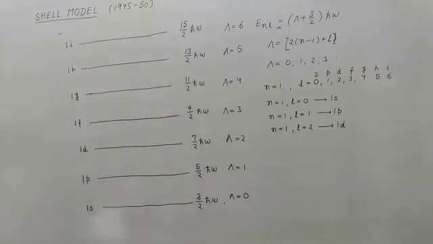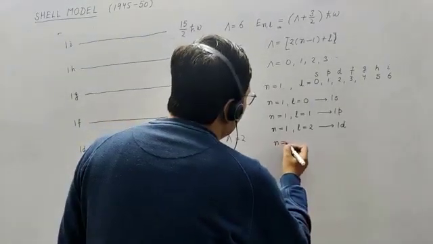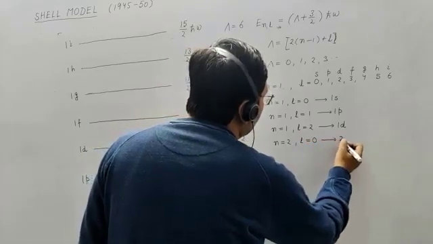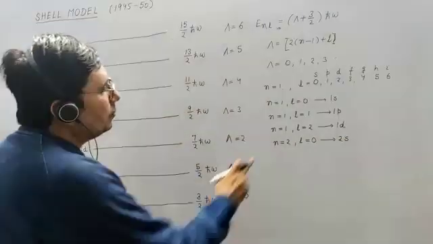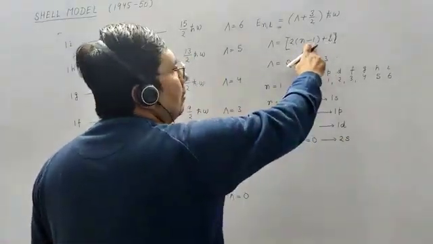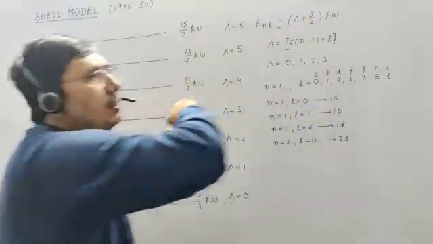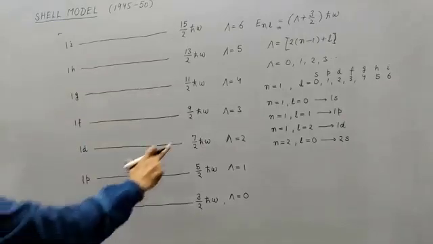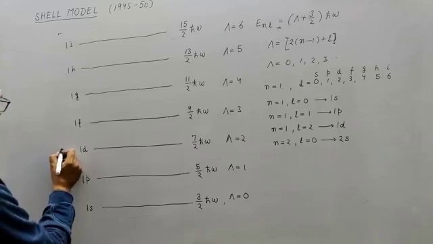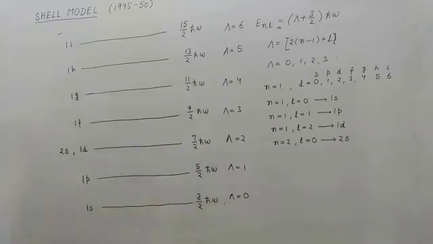Now come to n equal to 2, L equal to 0. This will be the 2s orbit. Substitute the values here: L is equal to 0, 2 minus 1 is 1, so lambda will be 2. So this will be 2 plus 3 by 2, which is 7 by 2 h cross omega. So the 2s orbit will have energy equal to 7 by 2 h cross omega.